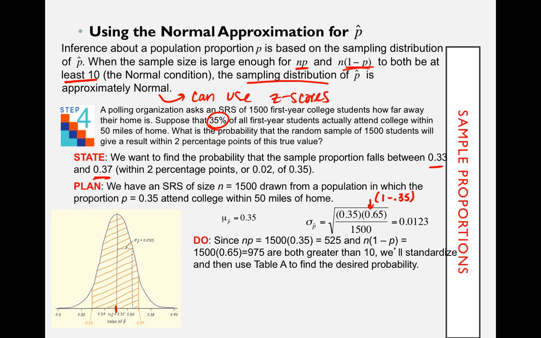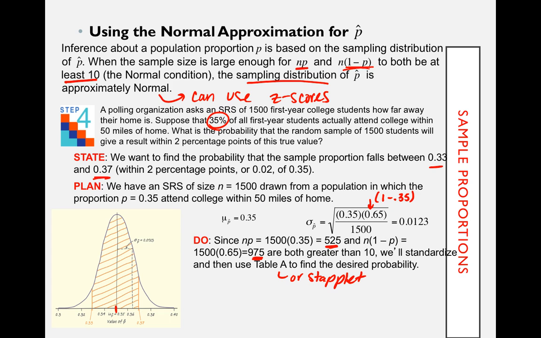And this sampling distribution is approximately normal because n times p, that's 1500 times 0.35, and n times 1 minus p, 1500 times 0.65, both of these numbers are above 10. So because of that, we can go ahead and use z-scores and then either Table A or Statplet to find the probability.